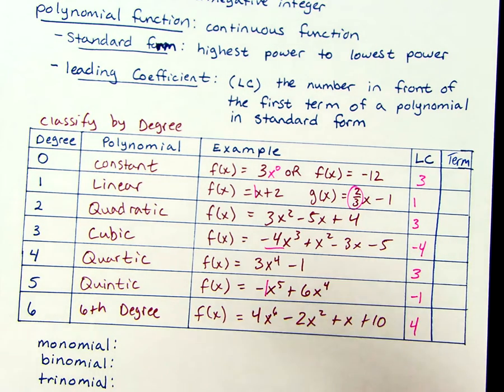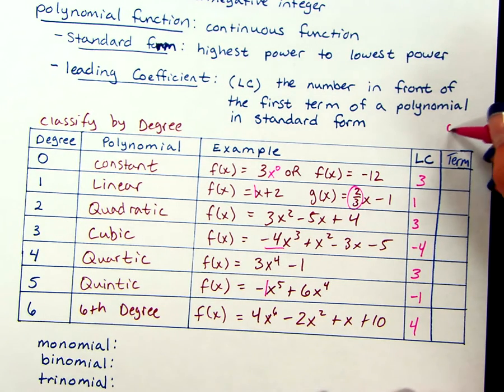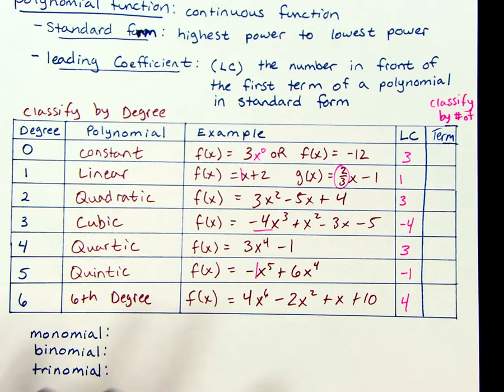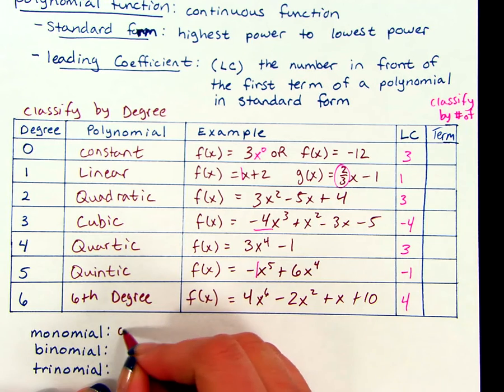Now, we can also classify by the number of terms. That's what this column is for. A term is separated by a plus or a minus sign. If we have a monomial, that's 1 term.